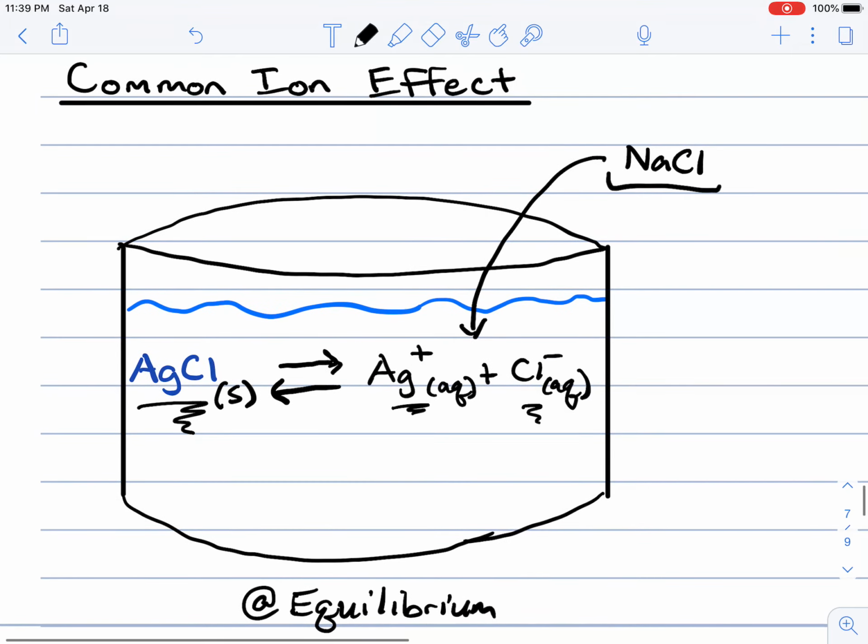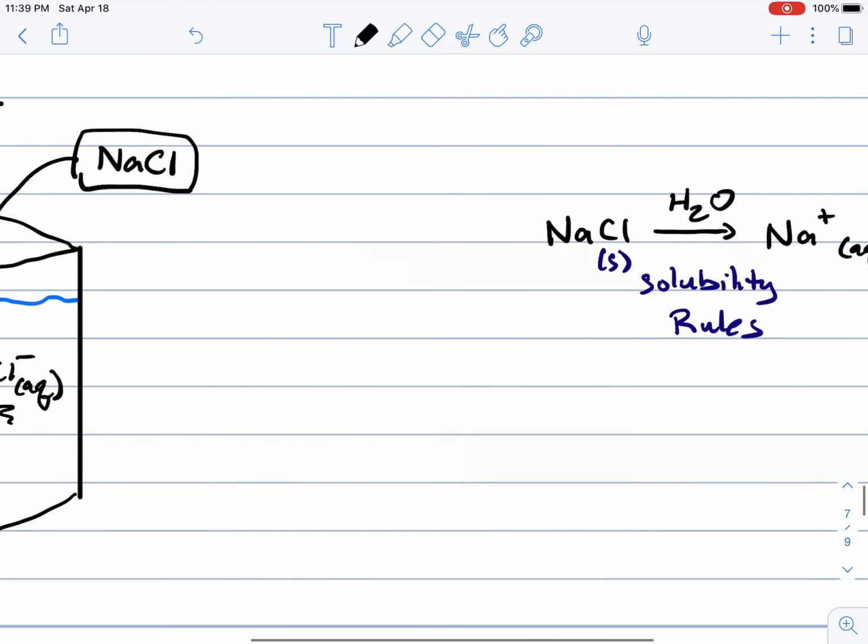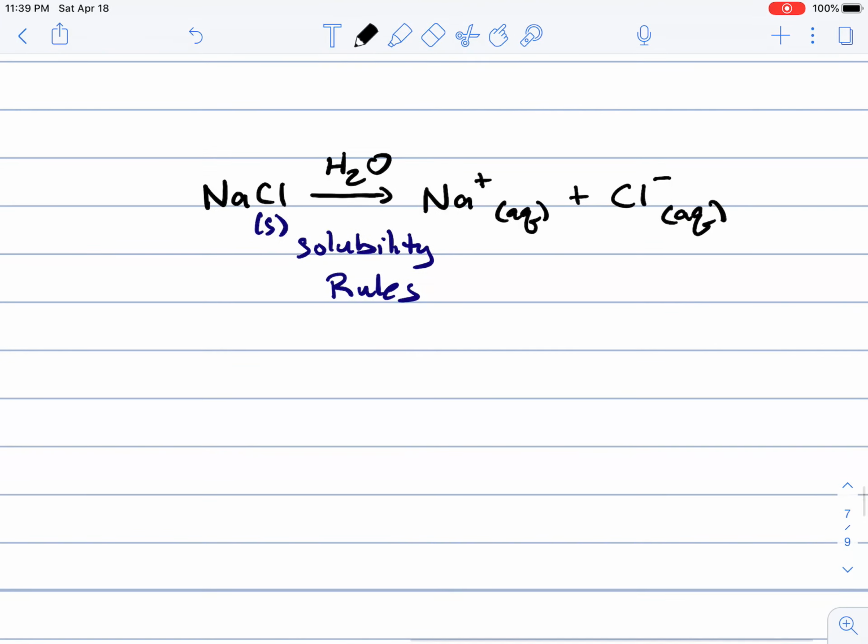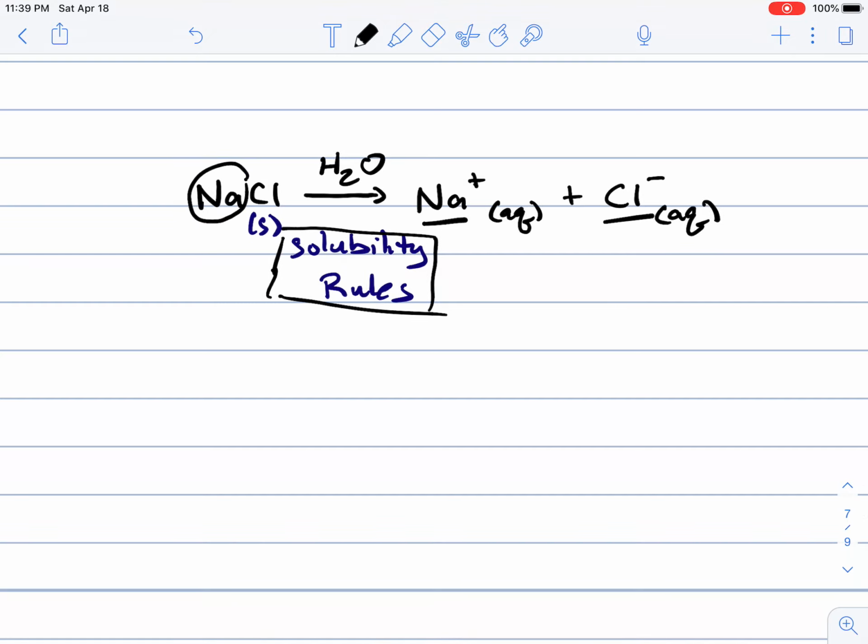Now, if you guys recall, sodium chloride, when you place it in water, is going to dissolve to produce sodium, the cation of the sodium, and chloride. And we're able to come to this conclusion using our solubility rules. So if you look at the solubility rules for NaCl, sodium is a group 1 ion. And once you have a group 1 ion within the chemical formula, you don't really need to check the solubility rules for its partner because group 1 ions are always soluble.